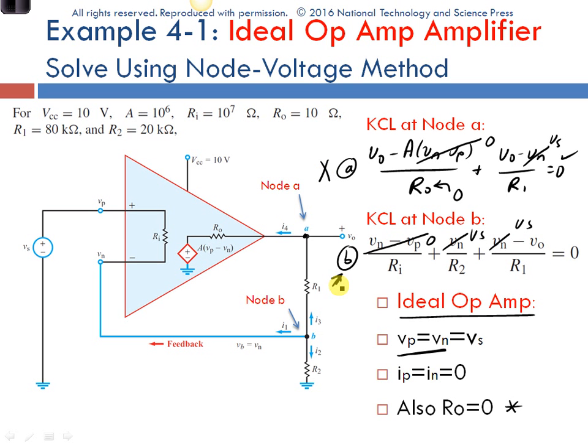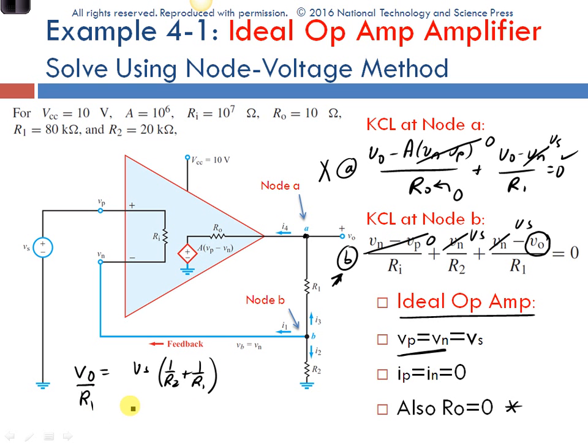So for the B equation, I want to solve for V out. And I can say, right here, there's my V out. Okay? So I can say that V out is equal to Vs times 1 divided by R2 plus 1 divided by R1, and then I have a V out over R1 on the other side.